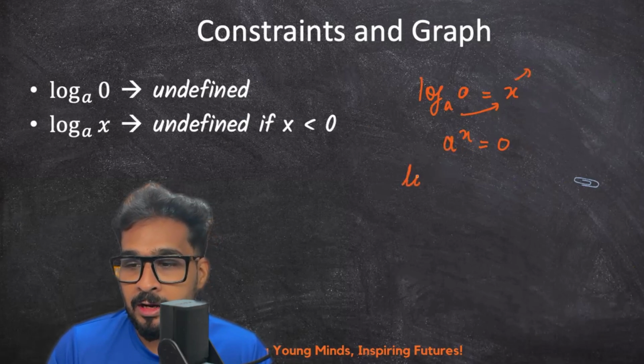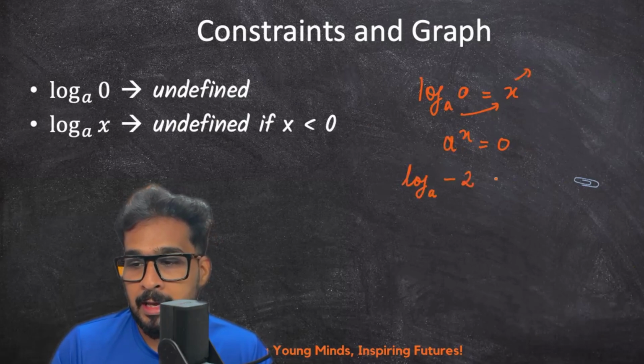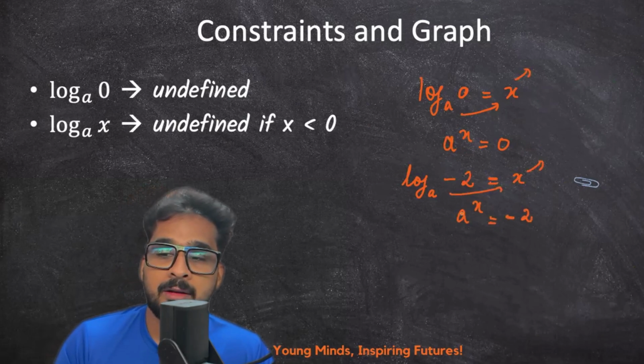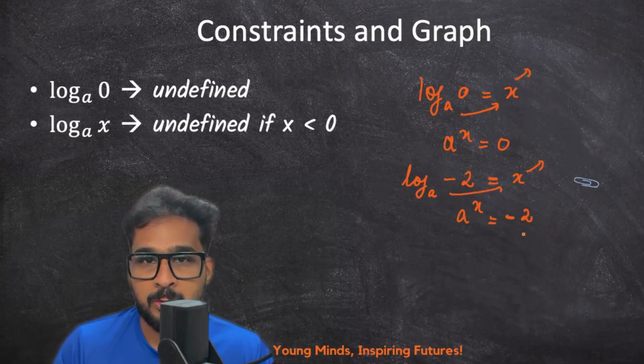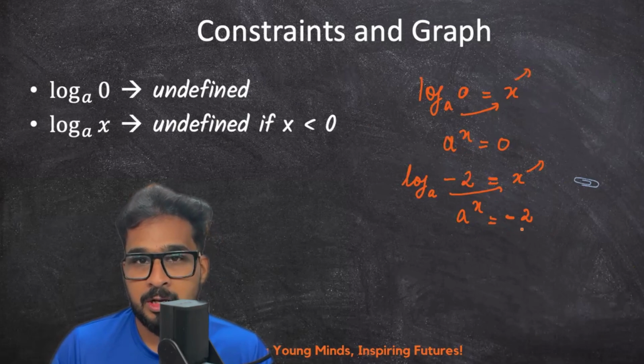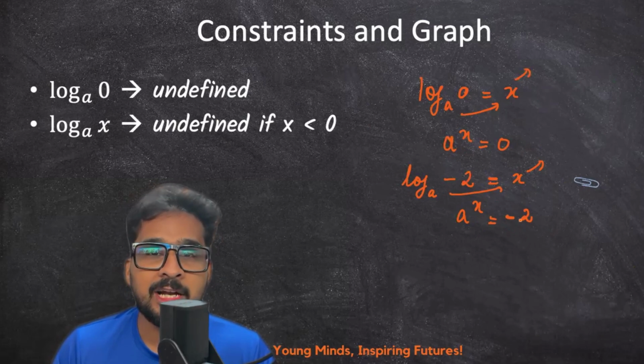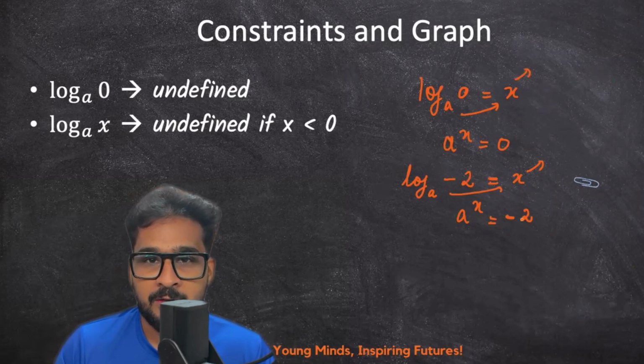Similarly, if I take log of, let us say, minus 2 to the base a equal to x, a power x is equal to minus 2 by using the hat method. Can a power x be a negative value? It can never be possible. That is why log of negative numbers is not defined. While doing the domain calculations in functions, we usually make it a constraint.